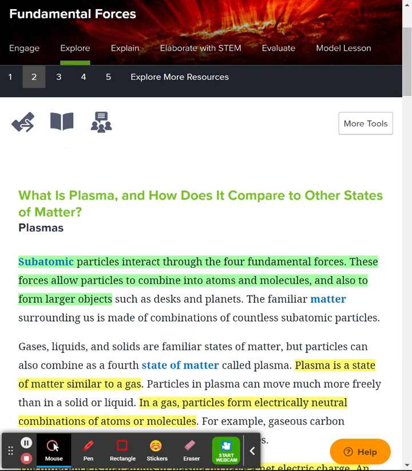And how does it compare to other states of matter?